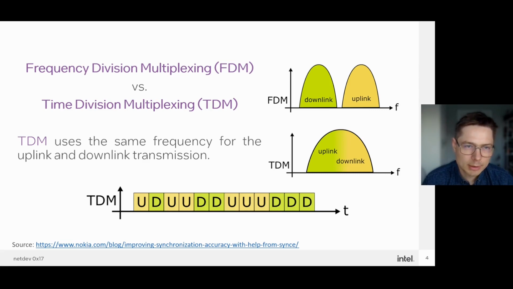It is presented in the image on the right. So in other words, at each moment in time, either uplink or downlink has the full bandwidth available just for itself. Such an approach allows more flexible assignment of the available resources depending on the needs.